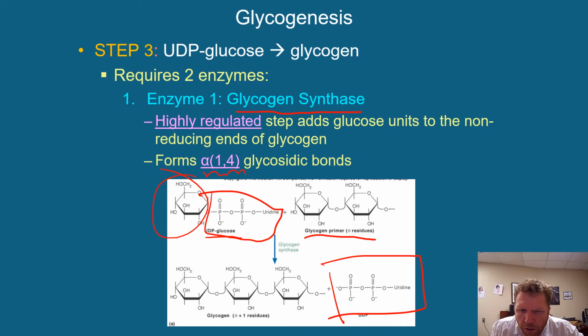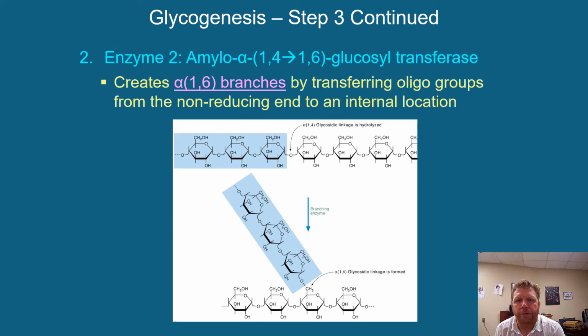If we look at our glycosidic linkage right here, this is carbon number 1, this is carbon number 4, so an alpha 1,4 linkage. This is an alpha linkage because the hydroxyl group on carbon number 1 is pointed downward. So this is another 1,4 linkage, and it just goes on and on.